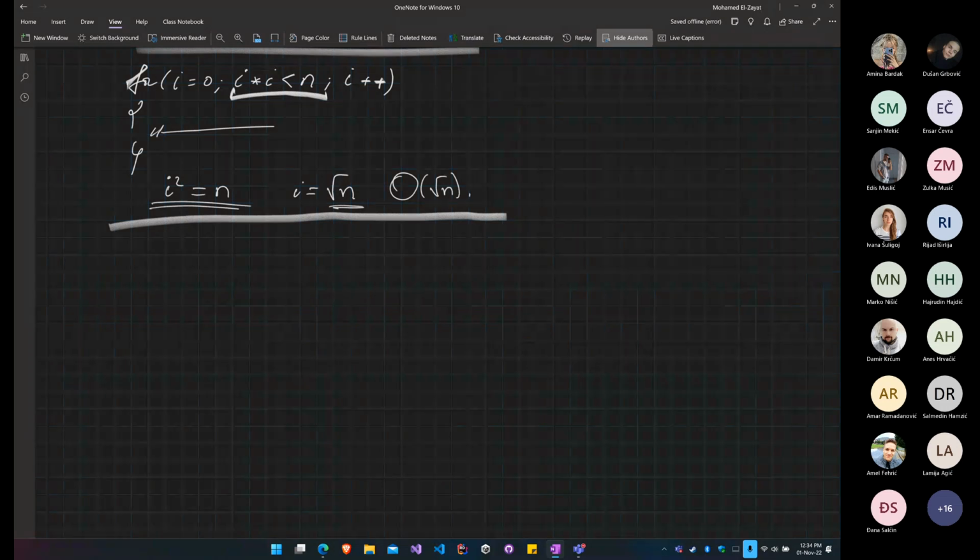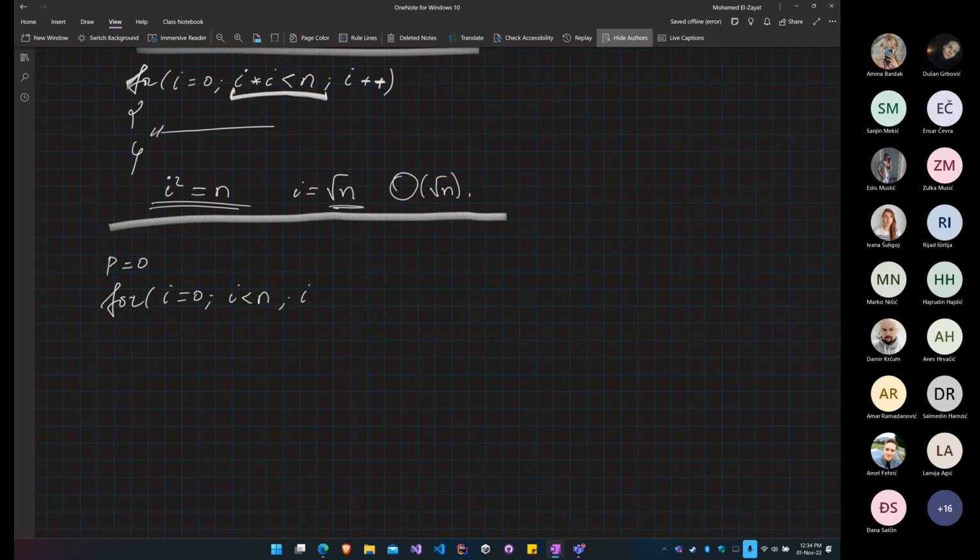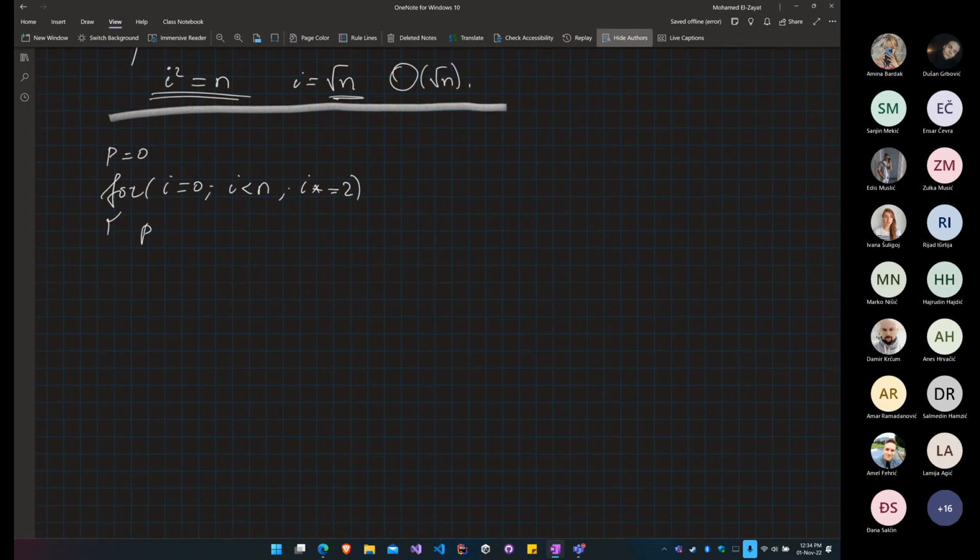Now let's move on. Let's assume you have another for loop with i equals 0, i is less than n, and i times equals 2, then you're going to have p plus plus.